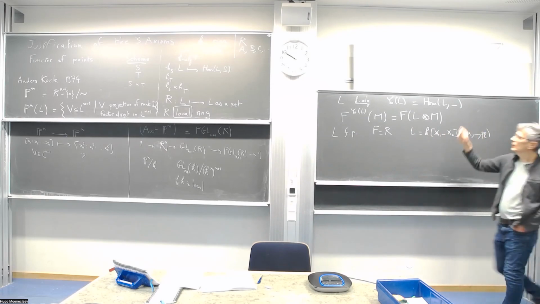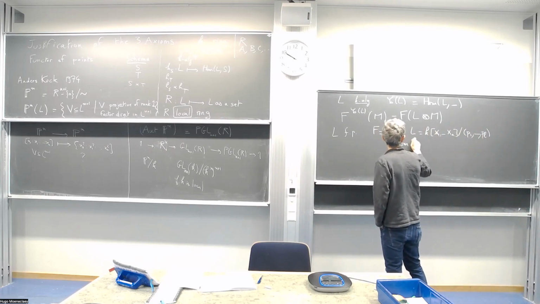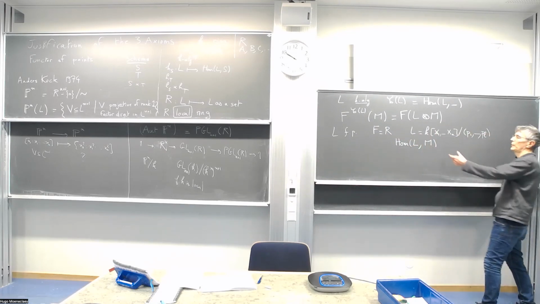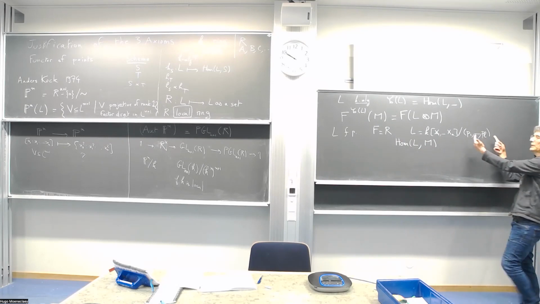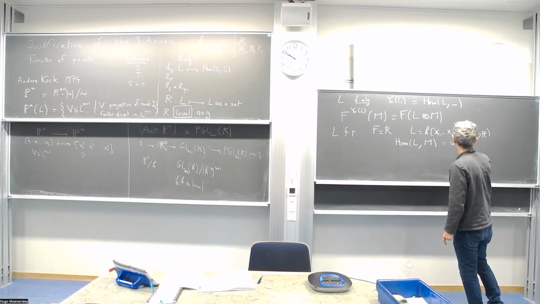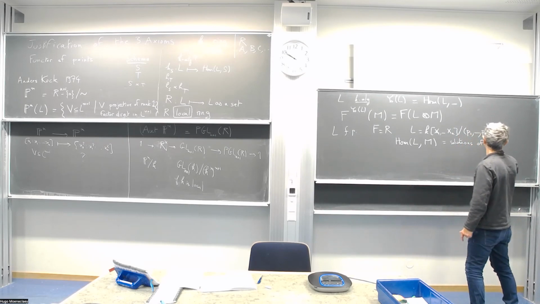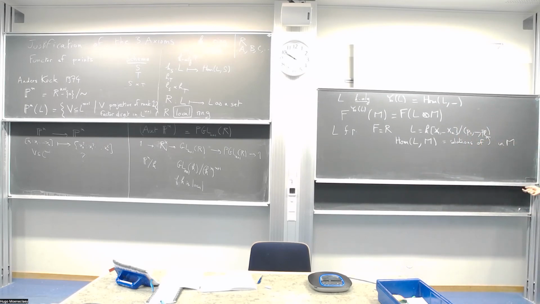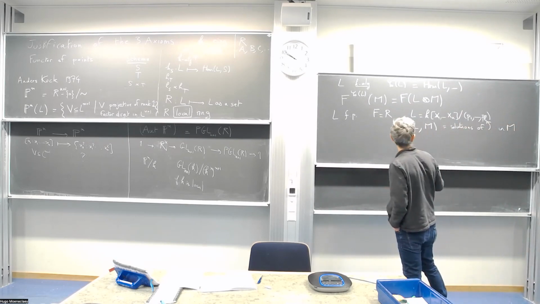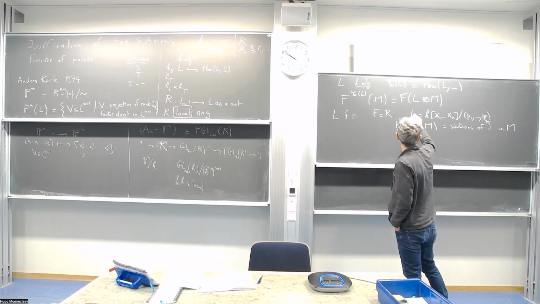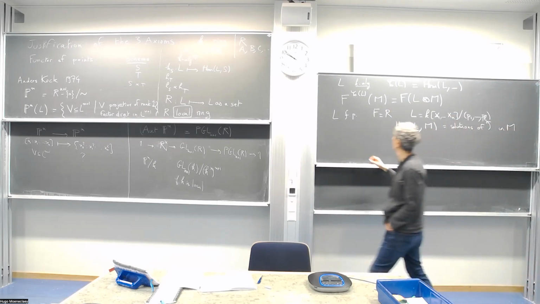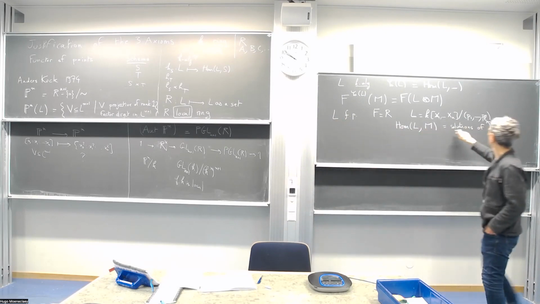Okay. So what is Hom(L, M)? Since we know L applied to M, it's actually the solution of this polynomial system in M. And if we apply this formula in this special case, so actually this is this.